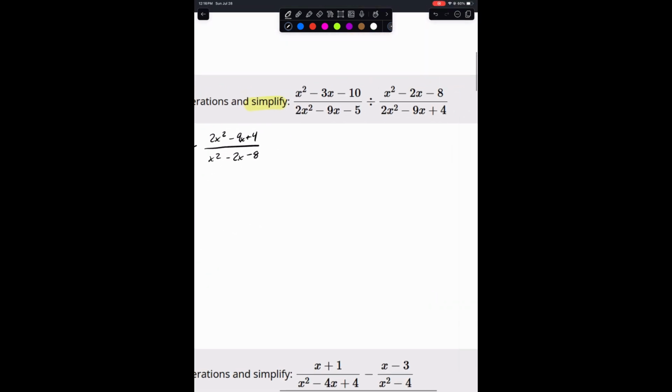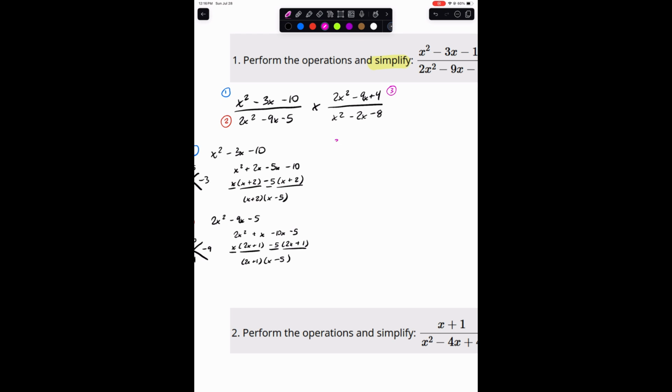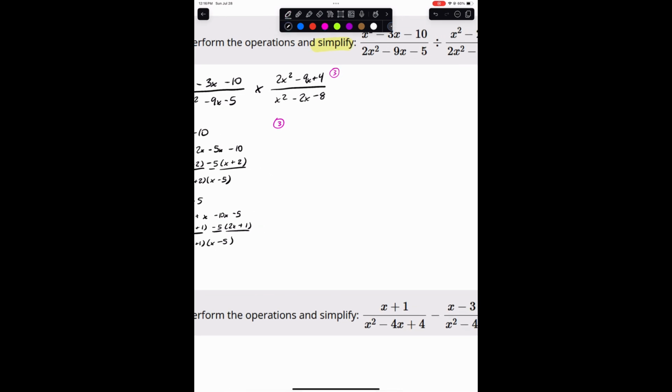Now we move on to our third polynomial, which is the next numerator: 2x squared minus 9x plus 4. We're looking for two numbers that multiply to positive 8 and add up to negative 9. That would be negative 8, negative 1.